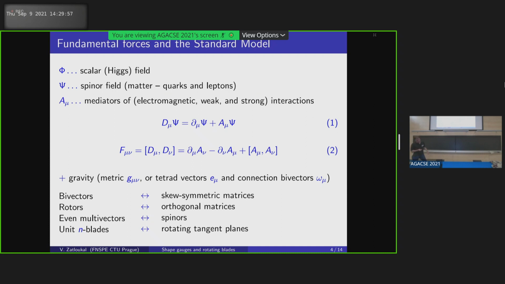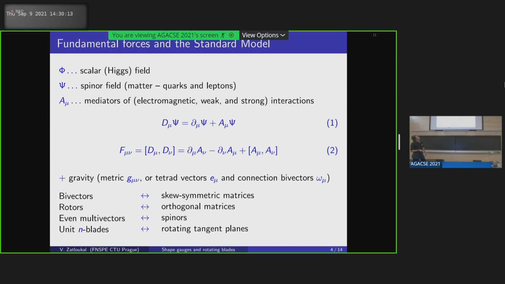These gauge fields are those that I will focus on during the presentation. And these enter the Lagrangian via so-called covariant derivatives.